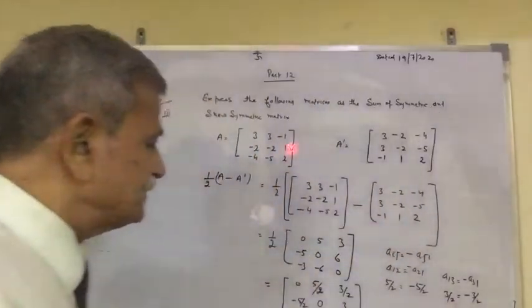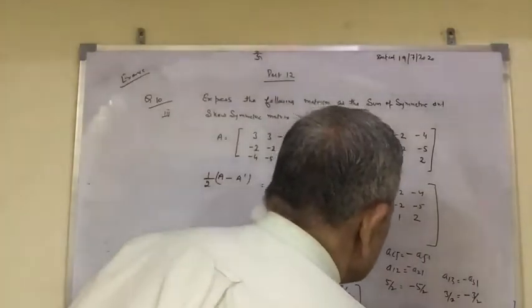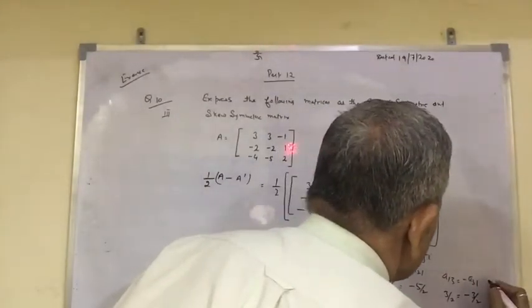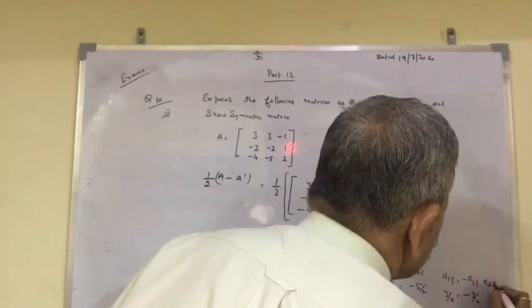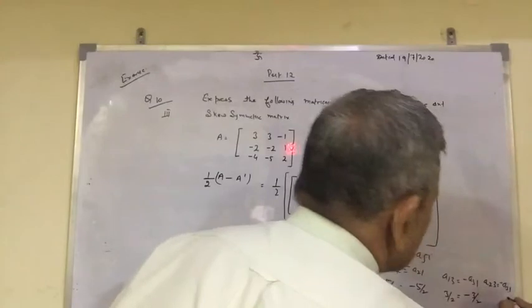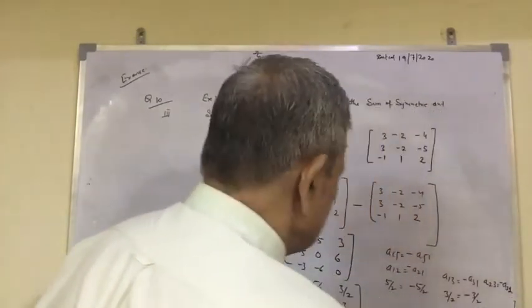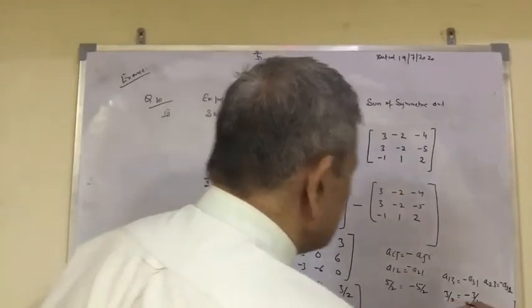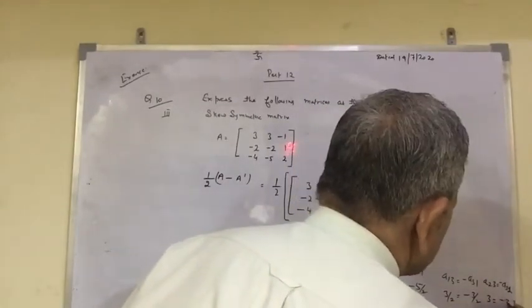So, this is also equal, and similarly your A23, which is equal to minus sign of A32. So, A23 is your 3 and which is equal to minus 3.